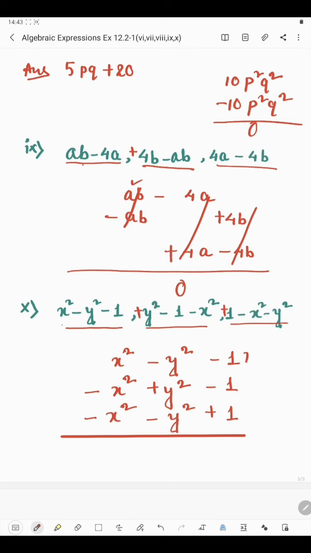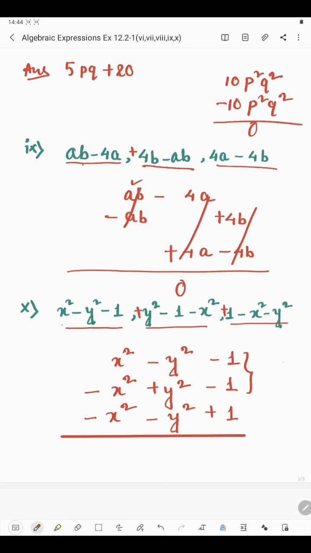Now here these two are having similar sign, so if the digit is having similar sign, then we have to do plus, right? So whether it is plus plus plus or minus minus plus, so if they have similar sign, then we will have to do addition.